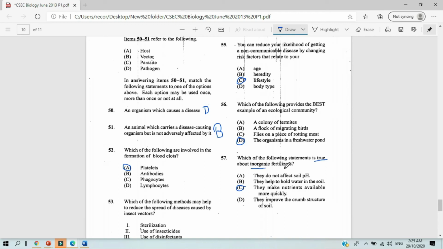Inorganic fertilizer is going to be your NPK, the synthetic fertilizer that you purchase. Organic fertilizer would have been pretty much associated with the others, but your inorganic fertilizer is going to make nutrients available more quickly, more readily to the plant. So the best answer here for 57 is C.